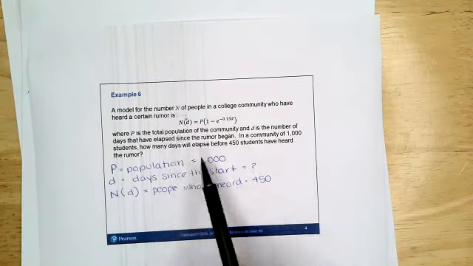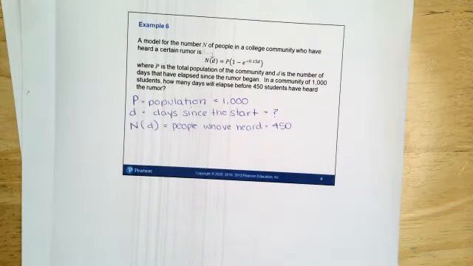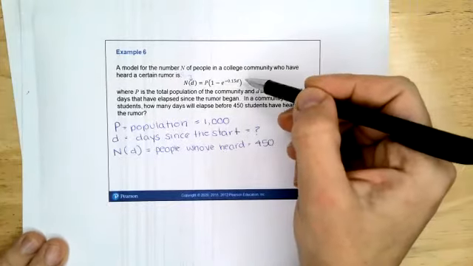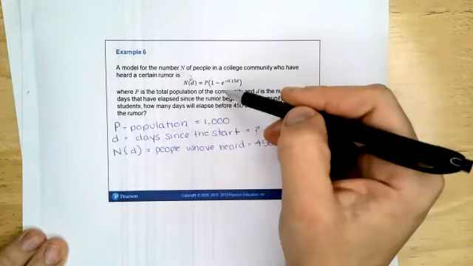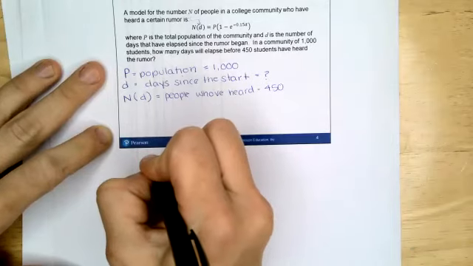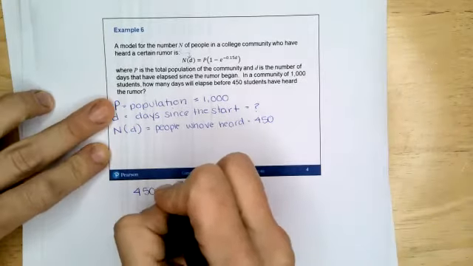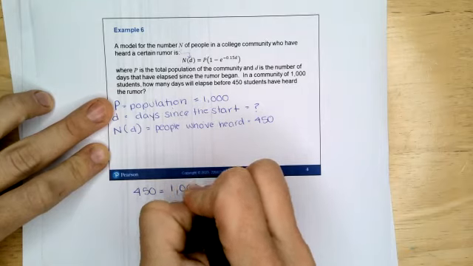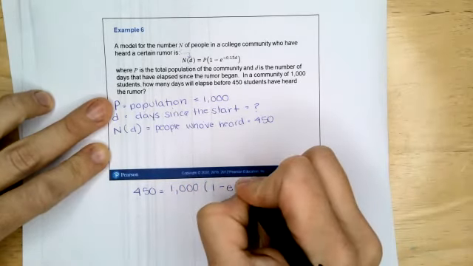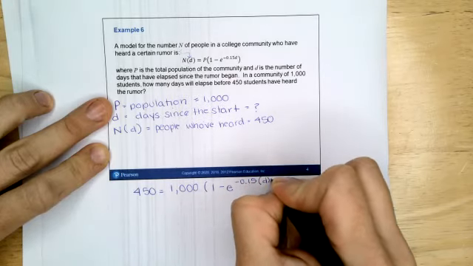Good. So let's just replace these numbers into the equation and then we can convert to logarithmic expression, because this is an exponential function. 450 for the N of D is equal to P, which is 1,000, times 1 minus e to the power of negative 0.15 times d.